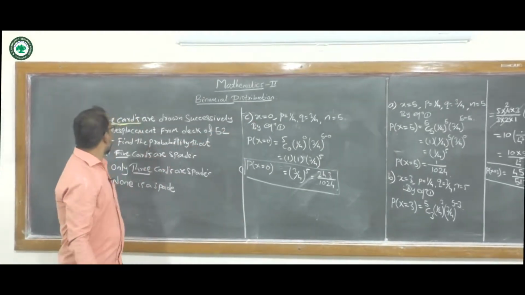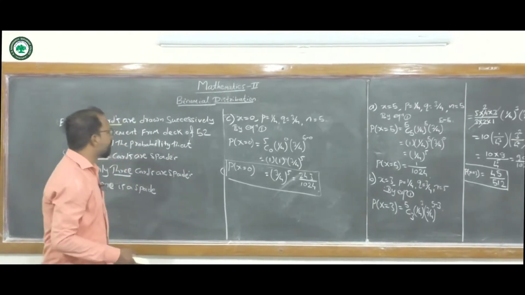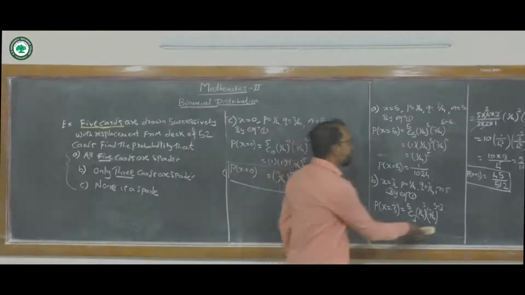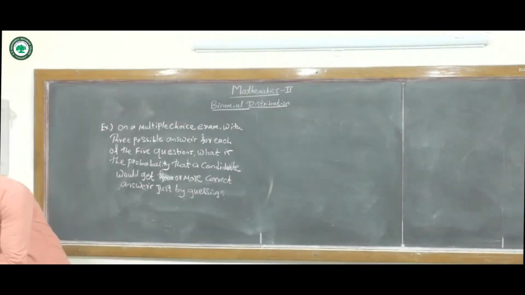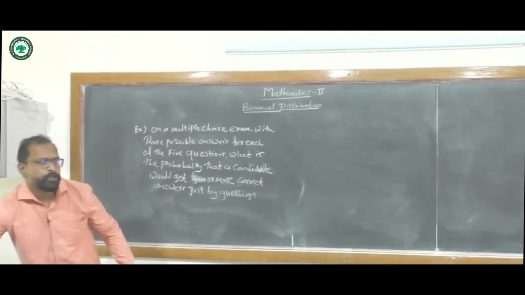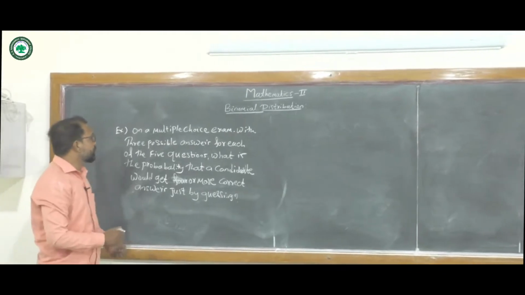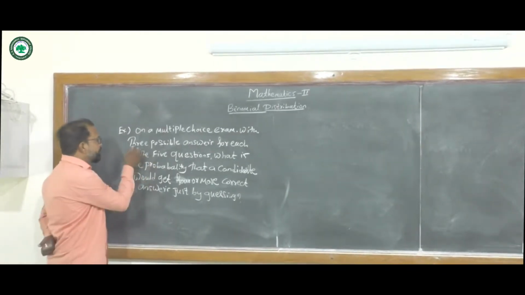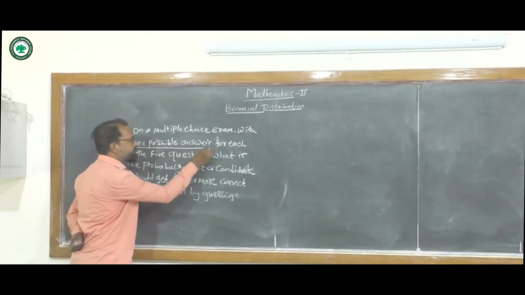Now we consider the next example. See this. Here in a multiple choice question paper, for each question there are 3 possible answers.